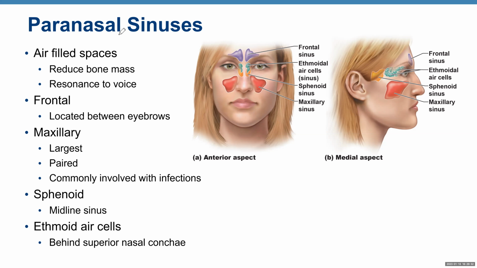The biggest one is the maxillary sinus in the maxilla, in the upper jaw. Maxillary, it's the largest, paired, commonly involved with infections. Then we have a frontal sinus in the frontal bone, ethmoid sinus, you can guess, in ethmoid bone, and sphenoid sinus in the sphenoid bone.